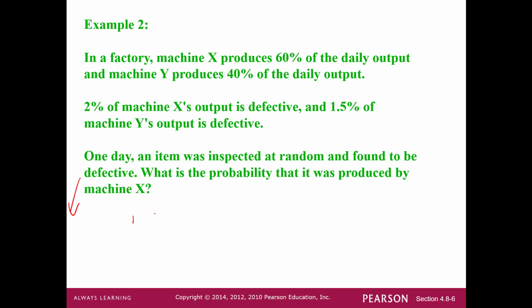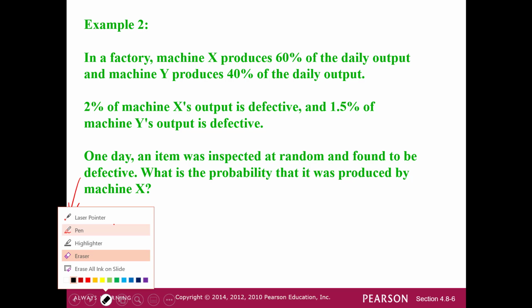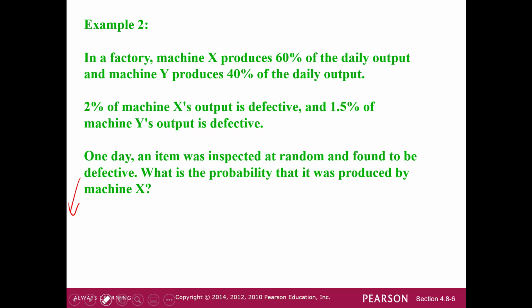So we want to trace back and see which probability value was produced by machine X. Remember, both machine X and machine Y produce defective items with a certain probability. Now we just want to trace back to machine X, and that's how we separate it. So this given condition separates the contributions of each machine.